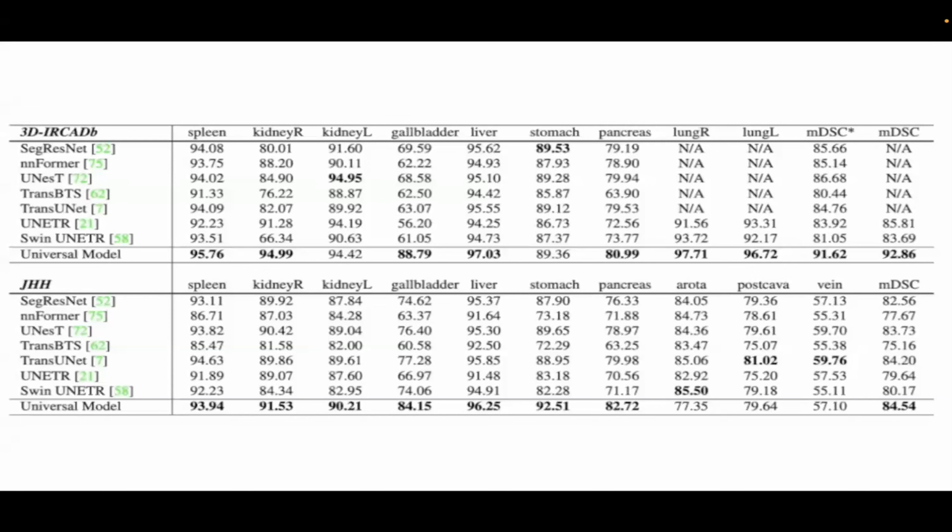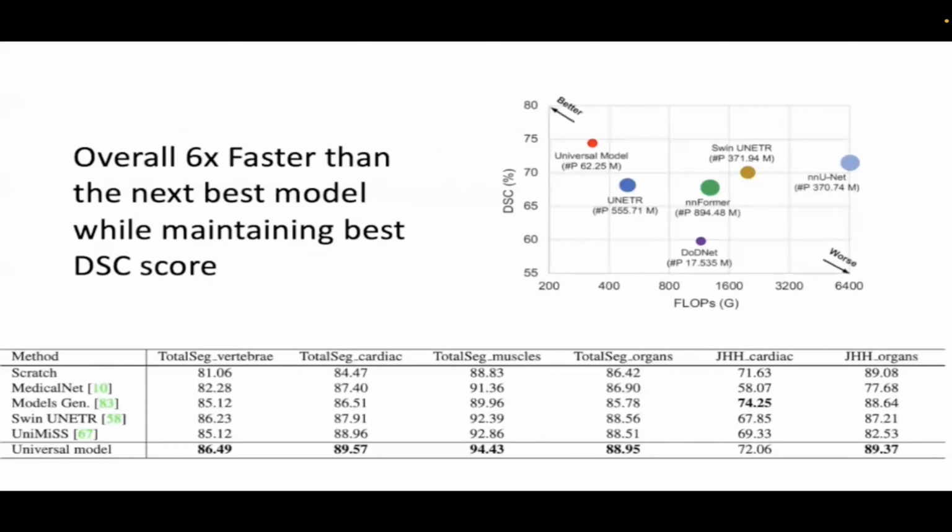When we compare amongst varying classes here, we can see that in almost all instances, the universal model produces the best dice score amongst other nets that are tried. And it likewise comes out with the highest mean dice score, showing a very nice generalizability of the proposed framework.